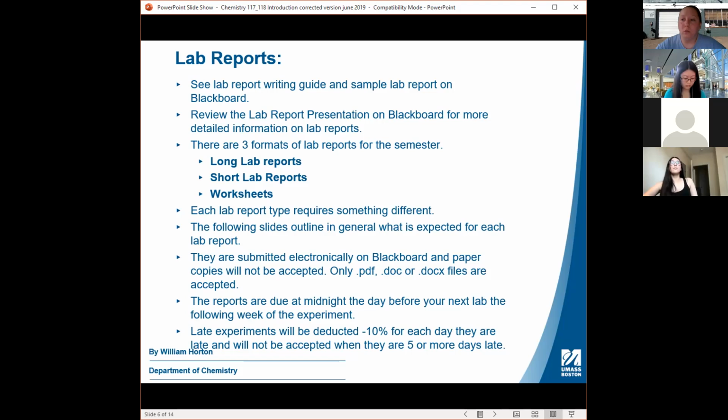Even though you guys are in me and Victoria's lab section, that doesn't necessarily mean that we are the ones that are going to be grading your lab reports. During the summer, all of the labs have varying numbers of students. We divide the number of students equally for grading between all of the TAs.